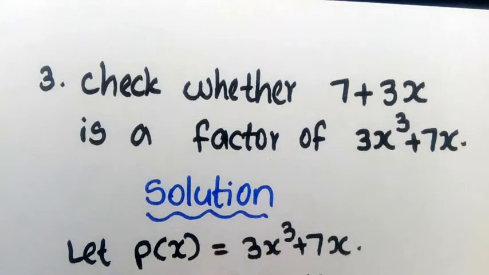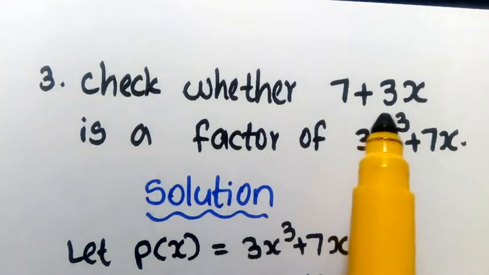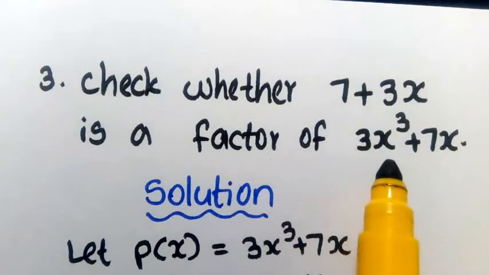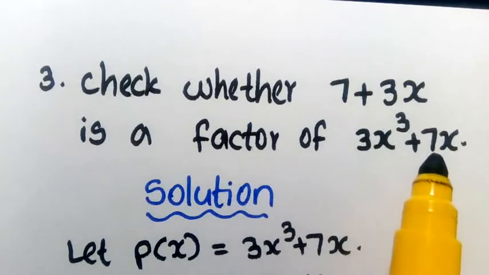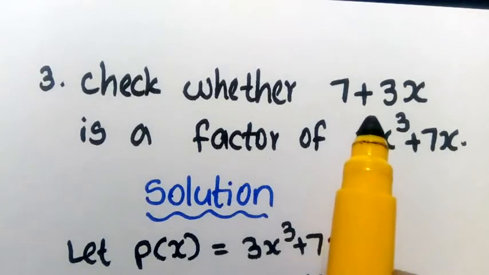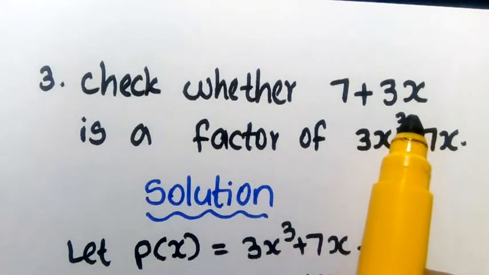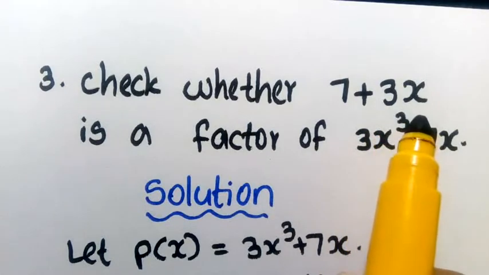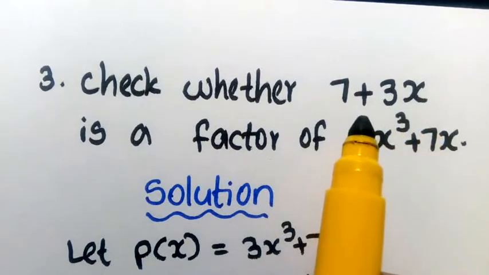Solution. Let p of x be equal to 3x cube plus 7x. We need to check if 7 plus 3x is a factor of 3x cube plus 7x. So let us find the 0 of 7 plus 3x. The standard form of 7 plus 3x is 3x plus 7.